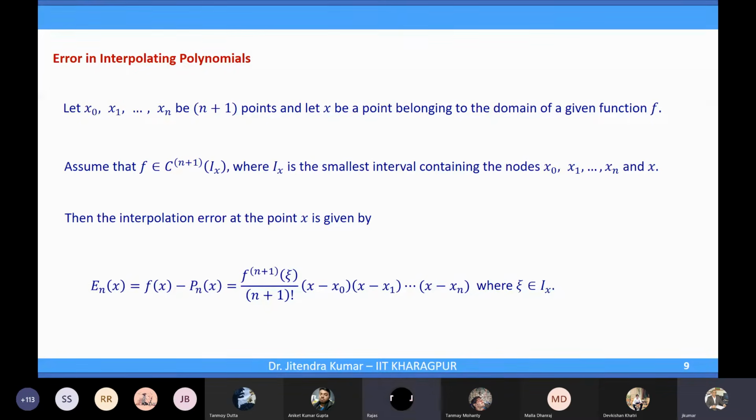Fine. Excuse me, sir. Sir, this error term quite resembles the Taylor polynomial remainder term, right? Yes, true. Is it the same? Not the same, because you have a term here which you don't see in your Taylor expansion.